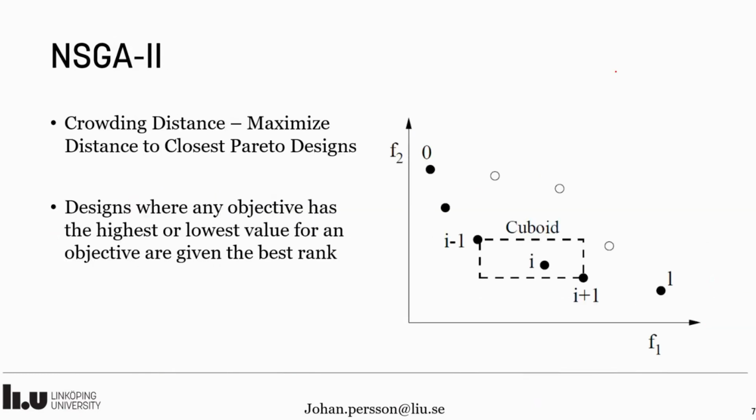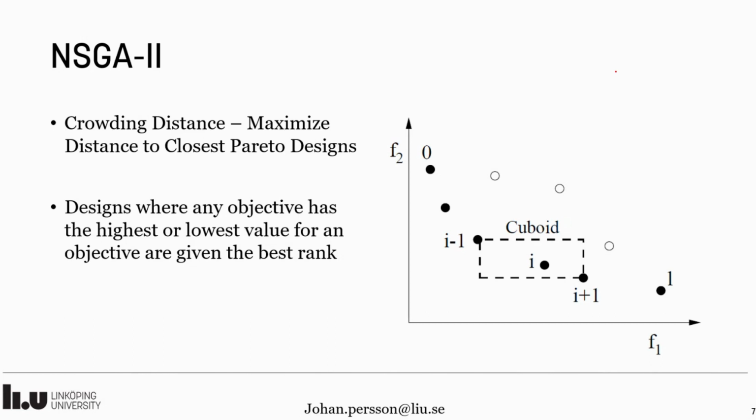So one of the most famous optimization algorithms for multi-objective optimization is the non-dominated sorting genetic algorithm 2, NSGA-II, developed by Deb. To rank the different designs of the same Pareto rank, they suggested to maximize the distance to the closest Pareto designs.